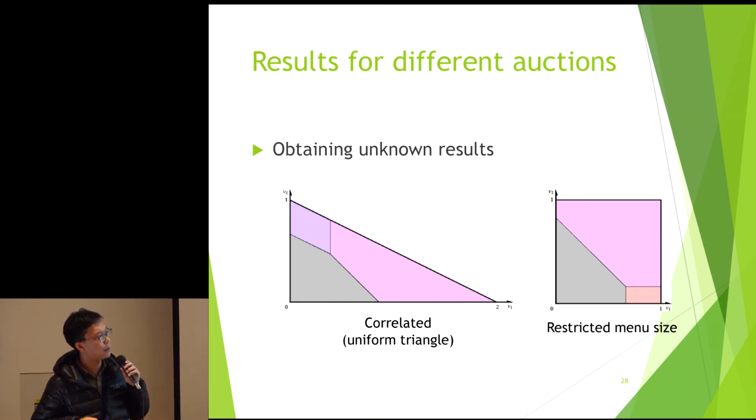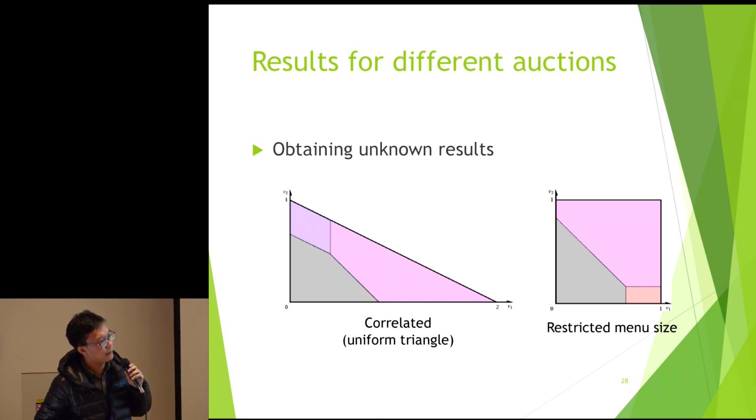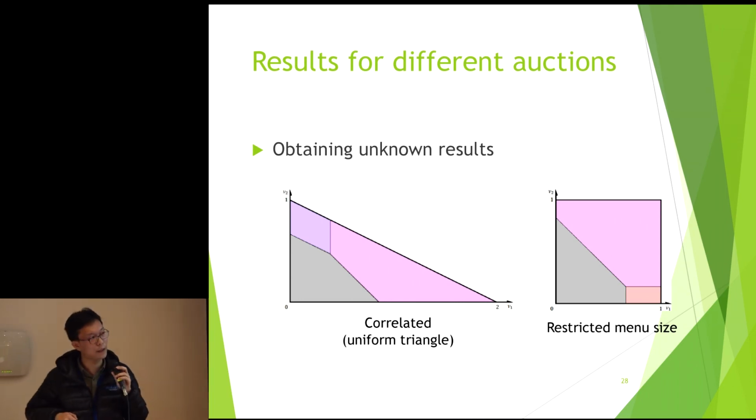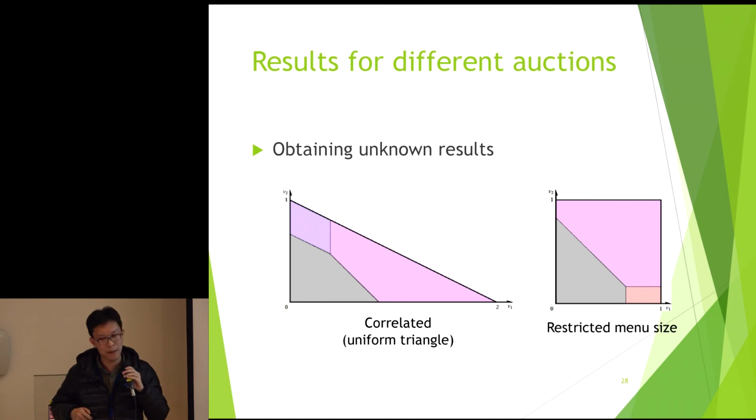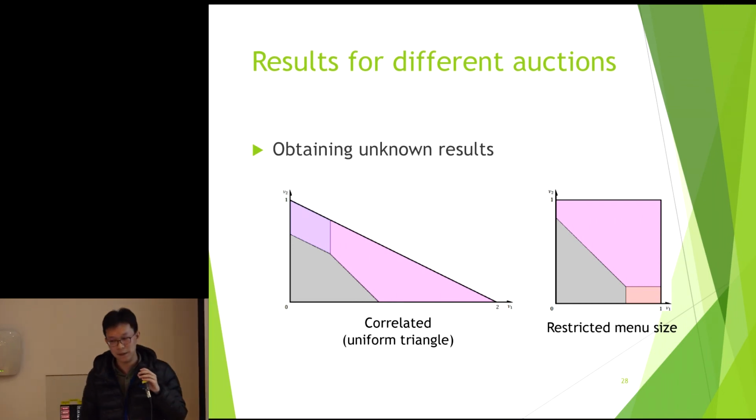The optimal menu contains either 3 or 4 menu items, and this is the case where the menu is only allowed to have 3 menu items. So in some cases, we want to make the mechanism as simple as possible, so that the buyers can easily understand it.